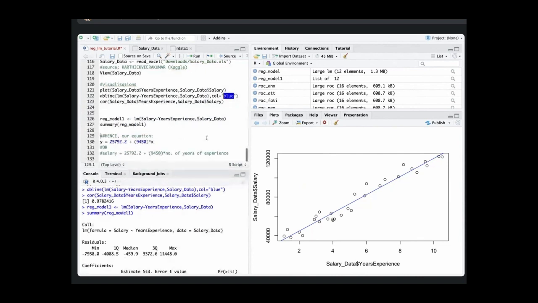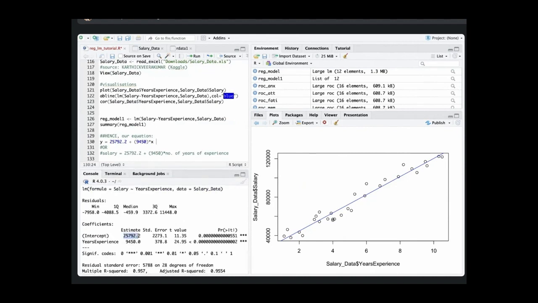Now, putting this all in our equation, where we said that y equals beta naught plus beta into x, we can say that y equals 25,792.2 plus 9450 into x. Or in other words, salary would be 25,000 this plus 9,450 into number of years of experience. Now, let's say we want to know the salary of someone who has 20 years of experience, right?